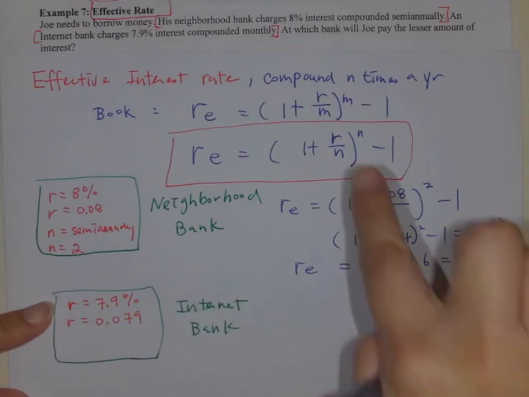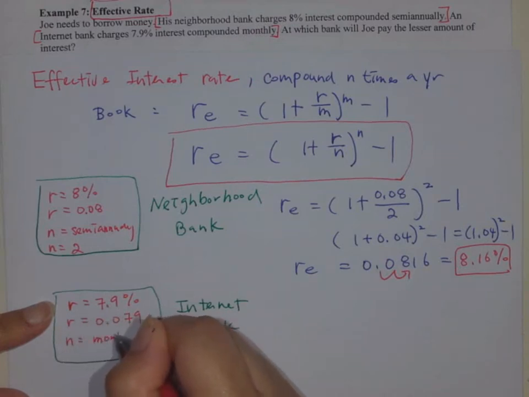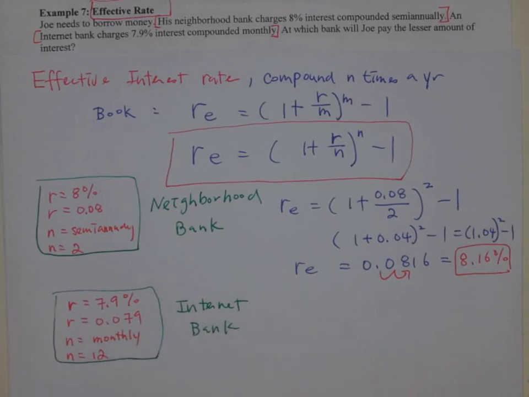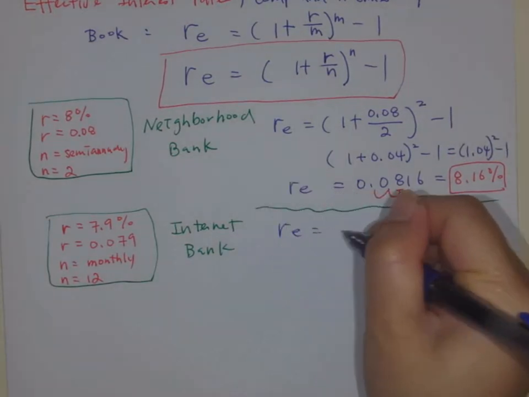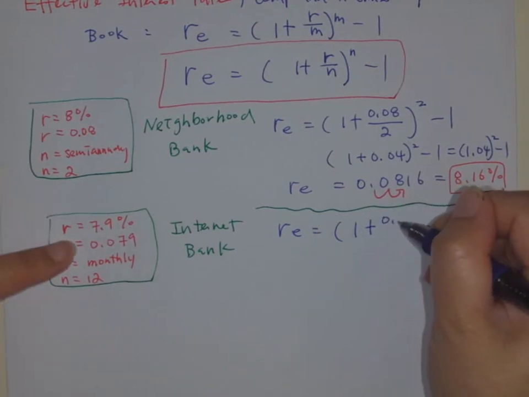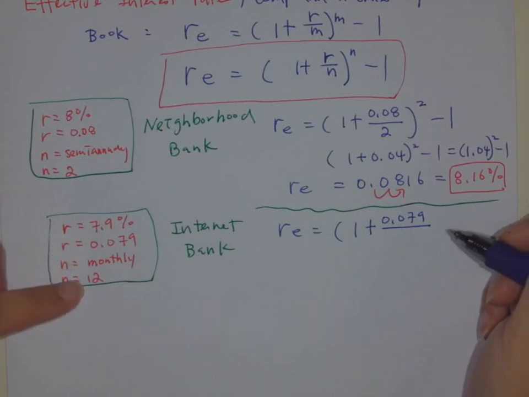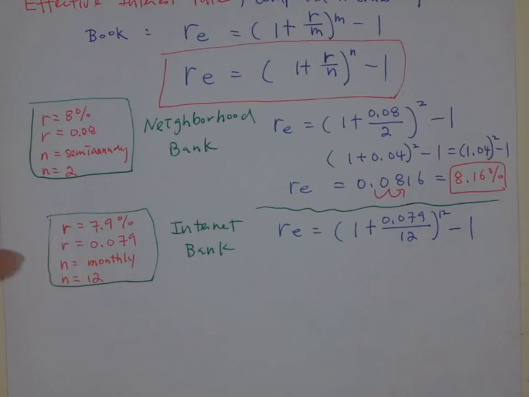And then this is going to be compounded monthly, which is 12 times a year, right? So using that information, we're going to plug it into that formula again. So r_e equals 1 plus r, which is 0.079, divided by n, which is 12 times a year, raised to 12, subtracting 1.